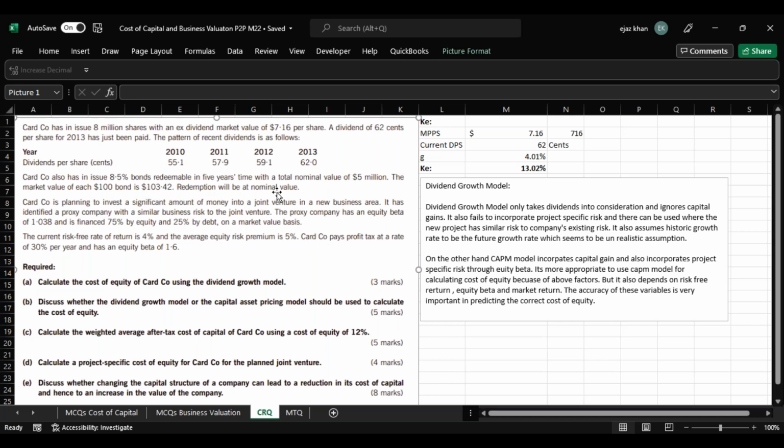Redemption will be at the nominal value, and we have to find out the cost of debt of these bonds. Since the market value is 103.42, whereas the redemption value is the nominal value, that is $100, whenever there is a difference between the market value and the redemption value, we have to use the IRR method to find out the cost of debt.